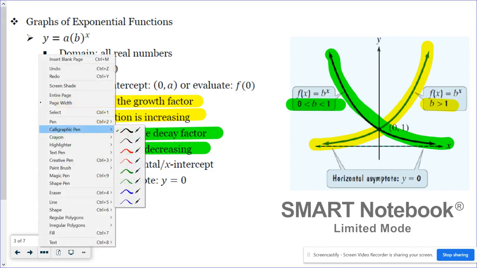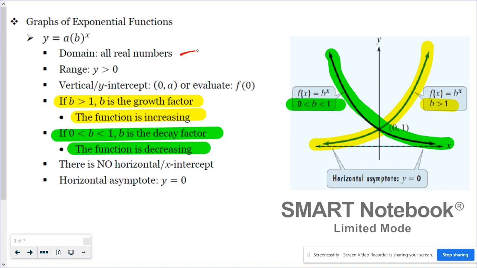Some things both of our functions have in common is their domain, all real numbers, which means they go forever to the left, so we can write negative infinity, and forever to the right, positive infinity. Their range is above the x-axis, so I can say y is greater than 0, or I can say parenthesis 0, comma, infinity, because it never touches that x-axis.